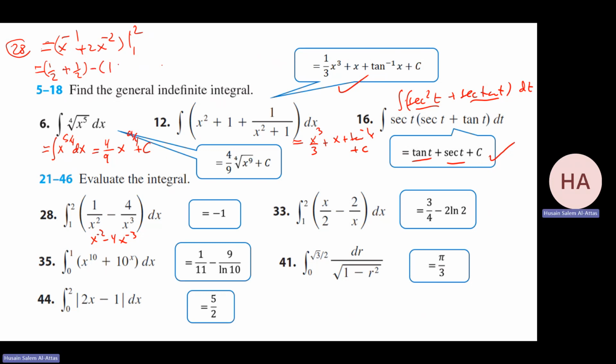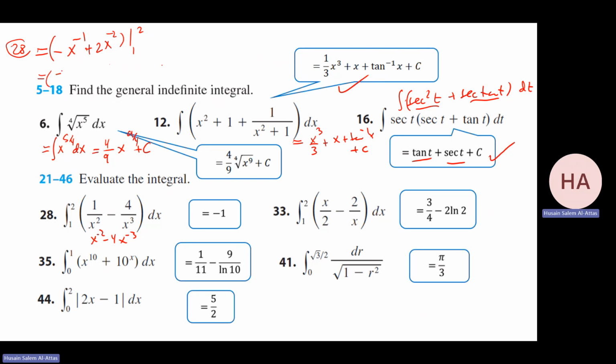Wait a minute. It's a minus. It's minus x minus 1, and multiplying, it will be x minus 2 plus 2x minus 2 from 1 to 2.